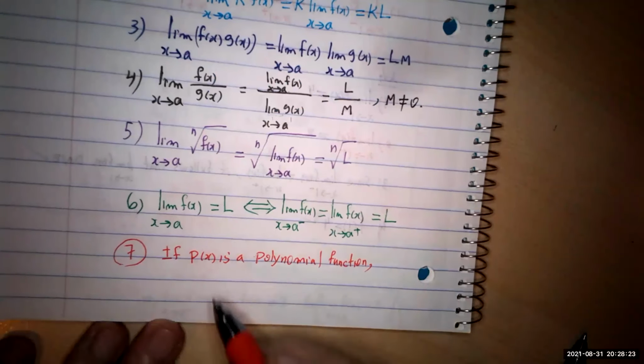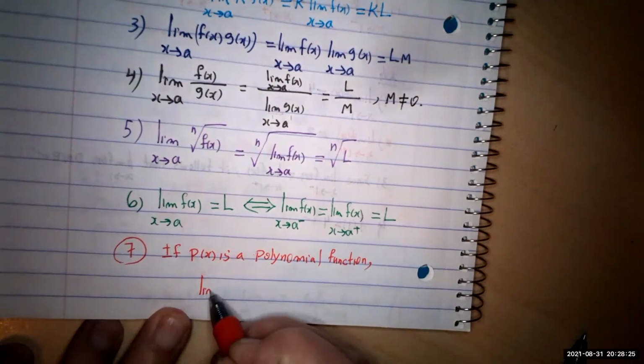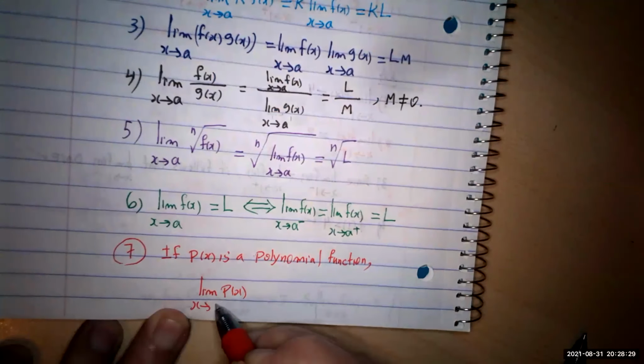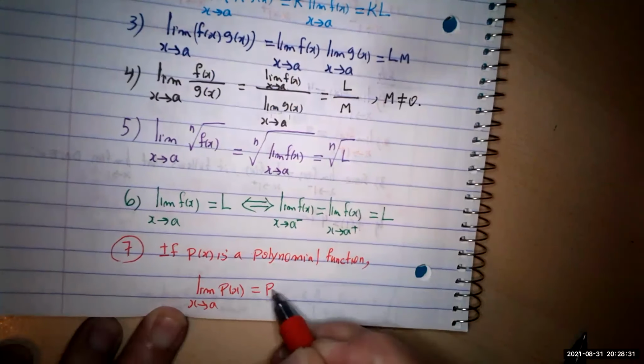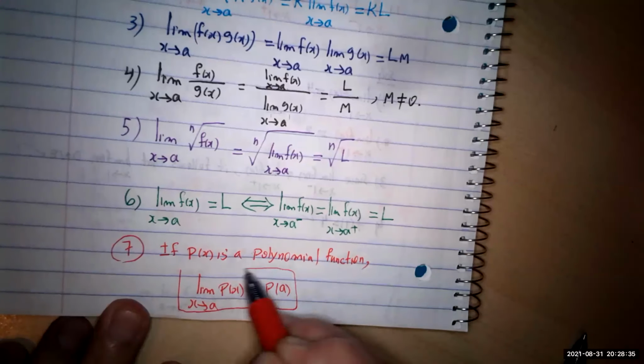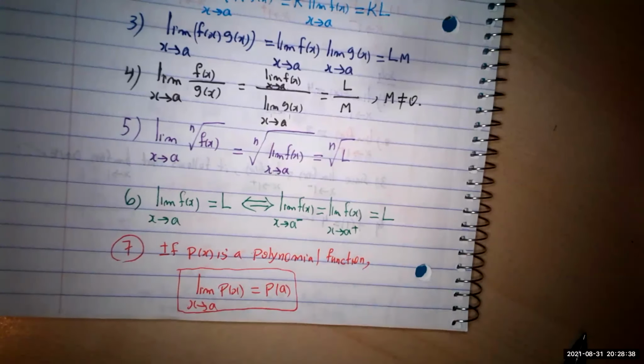So if you have a polynomial and you want to find the limit of this polynomial when x goes to a, simply it's going to be p of a. We just substitute, only if it is a polynomial. Remember a polynomial, like x cubed plus 5x squared minus 7x plus 1, that's a polynomial.